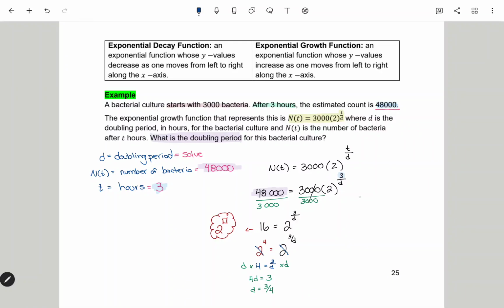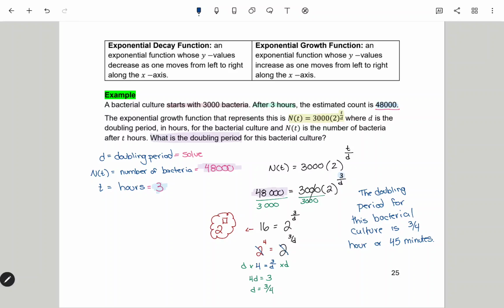So you would say the doubling period for this bacterial culture is 3/4 of an hour or 45 minutes. So every 45 minutes, our bacterial culture doubles.